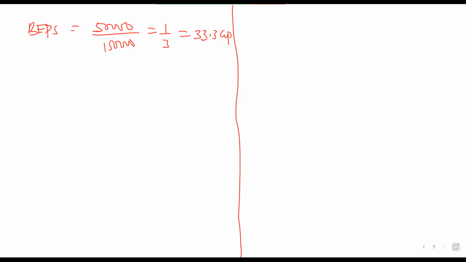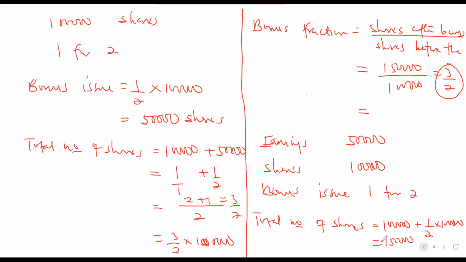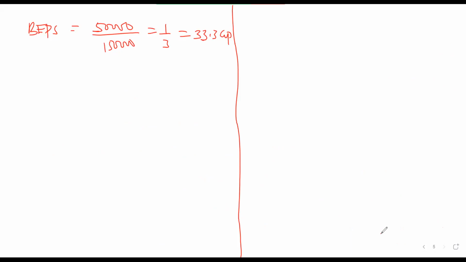Sometimes the question can give you the earnings per share for the previous year. So let's assume that this is 2021. The question can tell you that the 2020 earnings per share was 40 pesos.